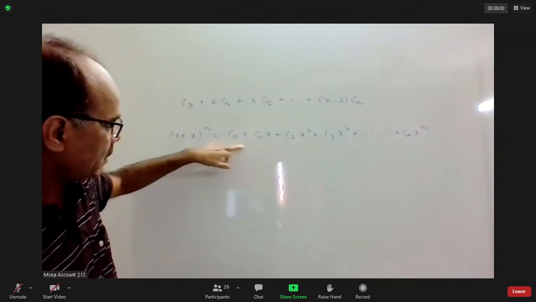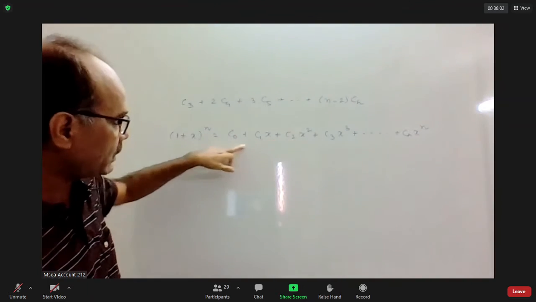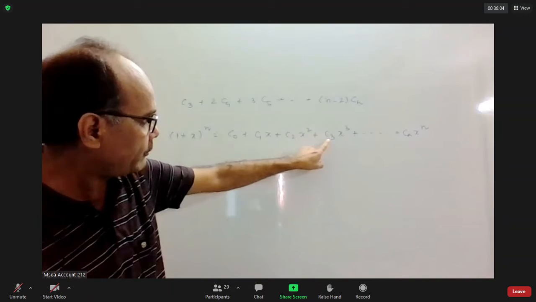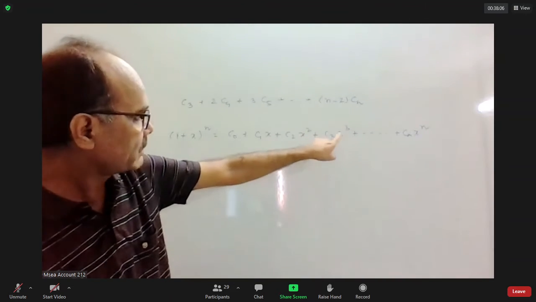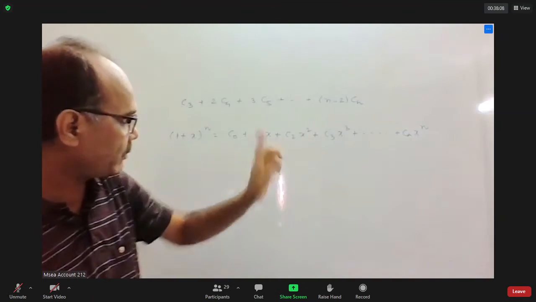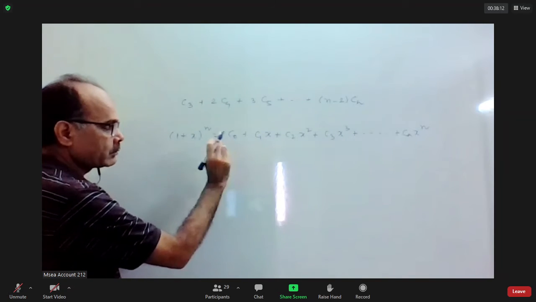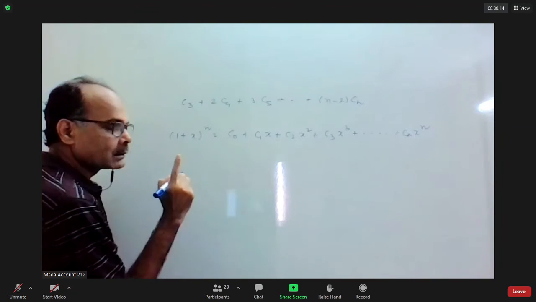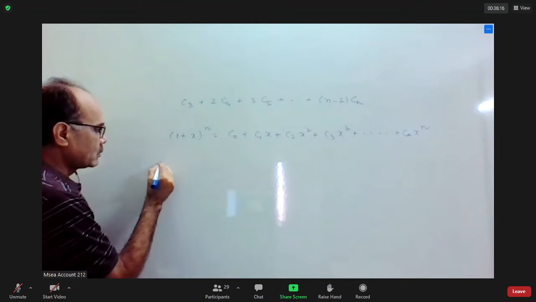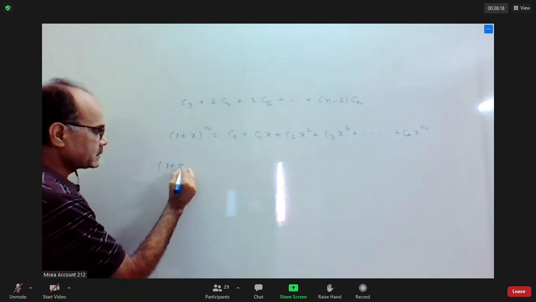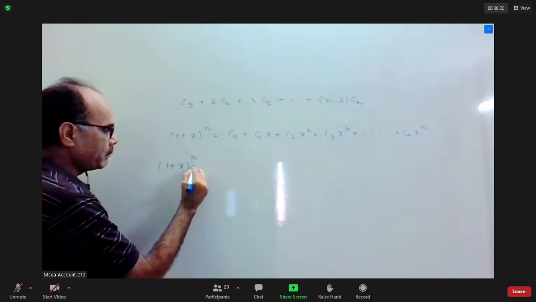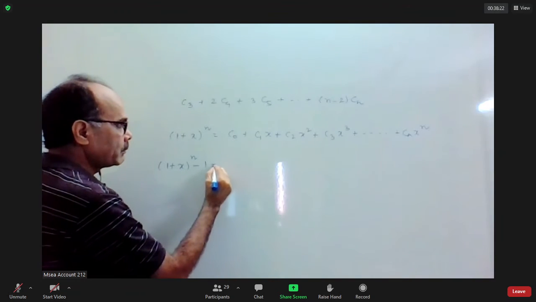The terms up to here we don't want, and from here we want, meaning the power of this term must be 1. C0 is 1 and C1 is n. So let us do one thing: 1 plus x to the power n minus 1 minus nx.